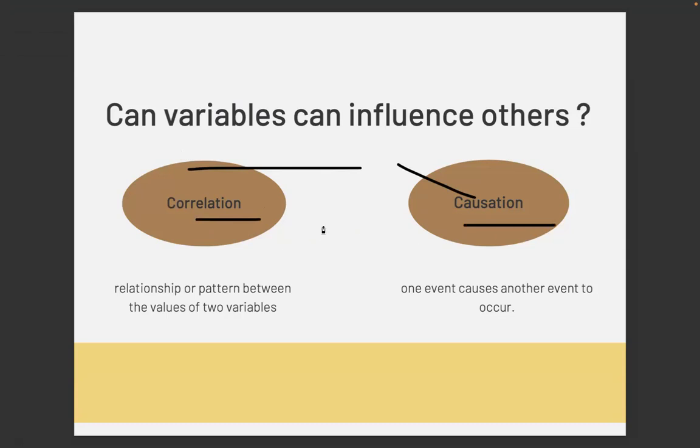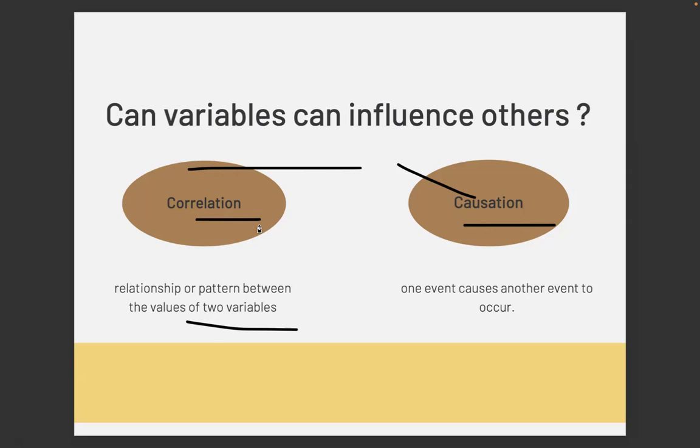For the correlation, we learned that it is the relationship, or else we can say that it is the pattern between the values of two variables. Causation means one event causes another event to occur. But for the correlation, those two events work independently.